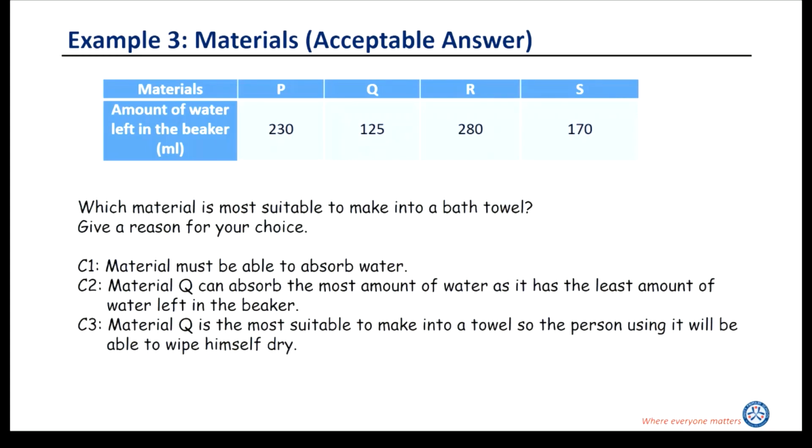For C2, material Q can absorb the most amount of water as it has the least amount of water left in the beaker. And C3, material Q is the most suitable to make into a towel, so the person using it will be able to wipe himself dry.